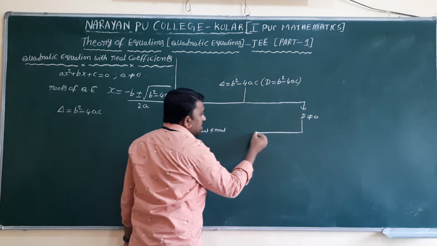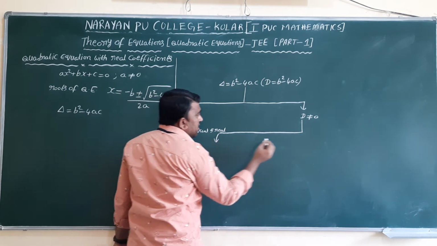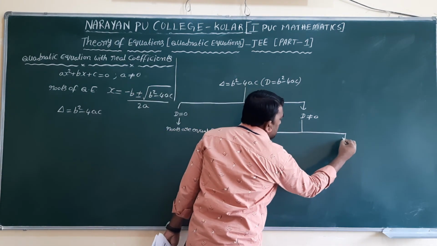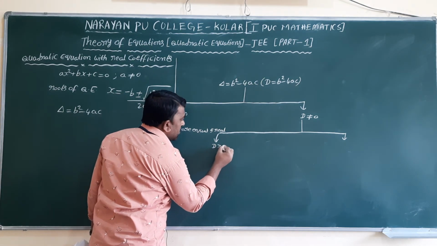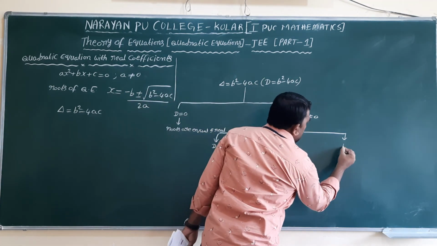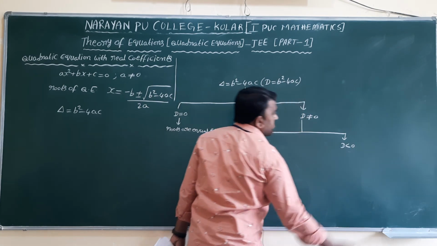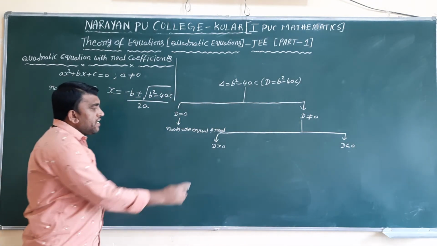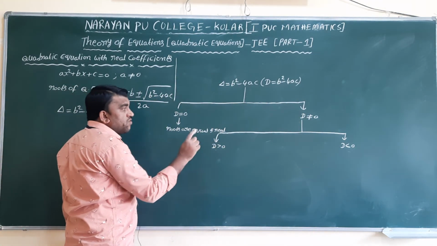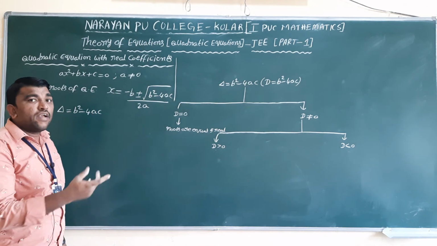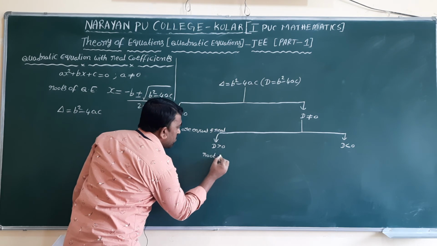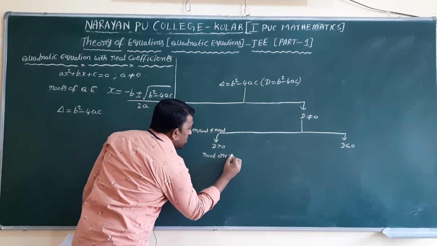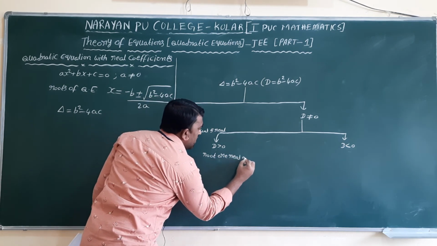Suppose D is greater than 0 and D is less than 0. What is the nature? D is greater than 0: roots are real and distinct.